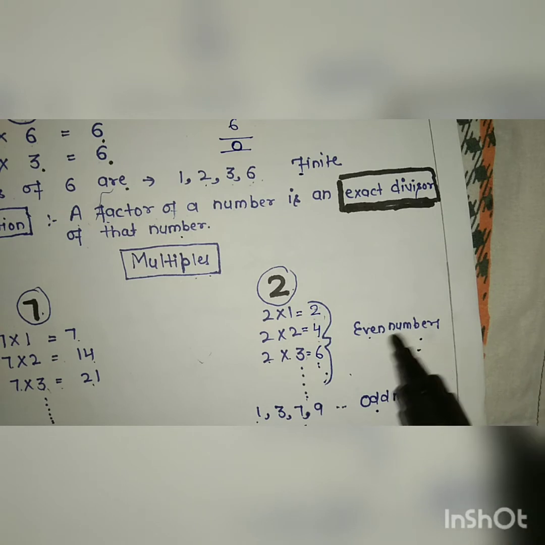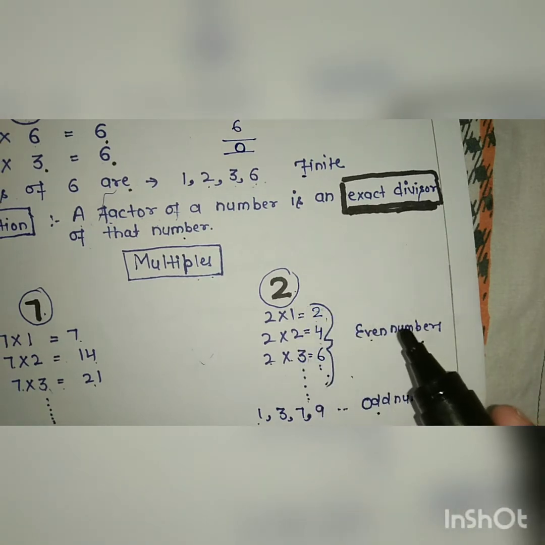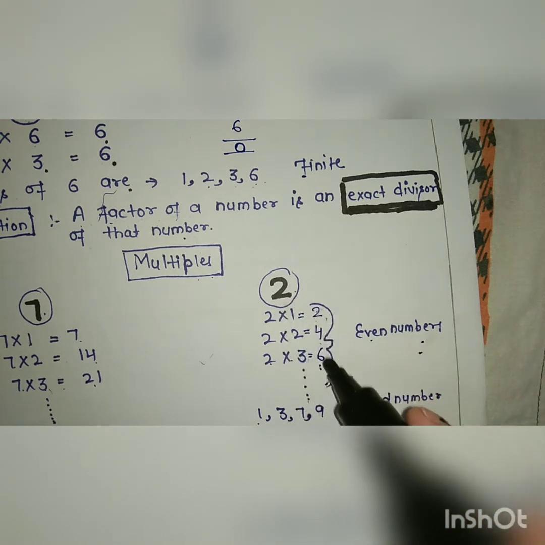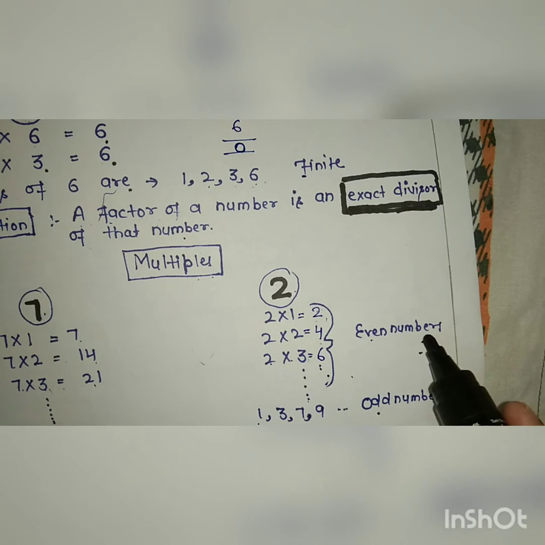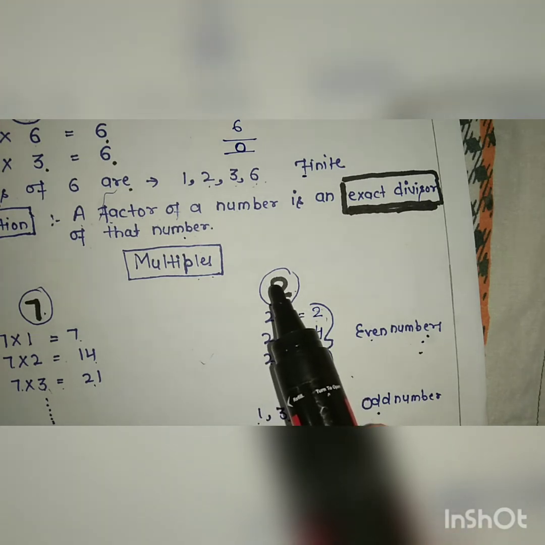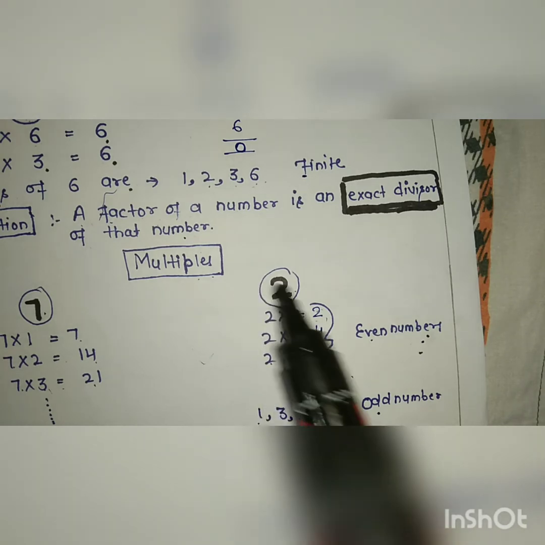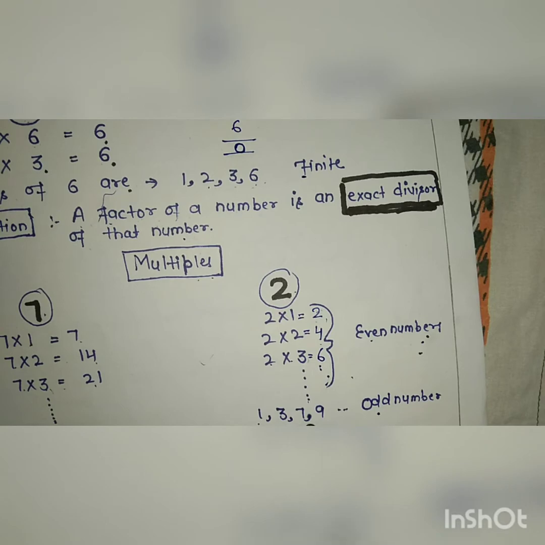All multiples of 2 are called even numbers, and numbers which are not multiples of 2 are called odd numbers, just like 1, 3, 7.